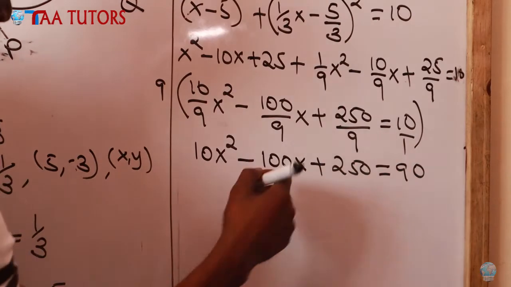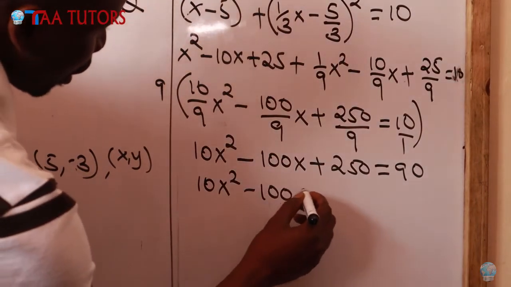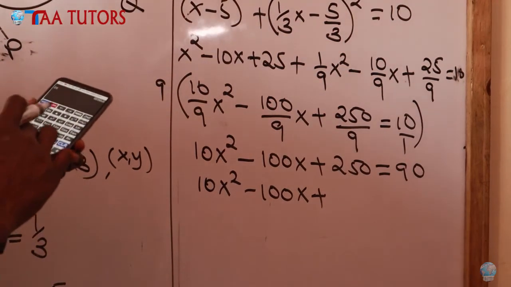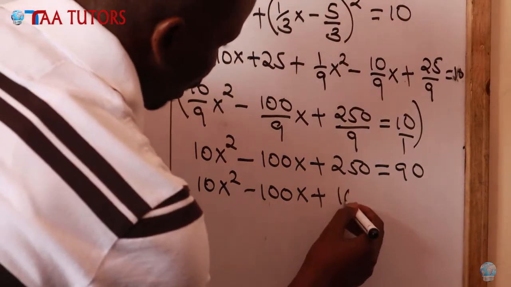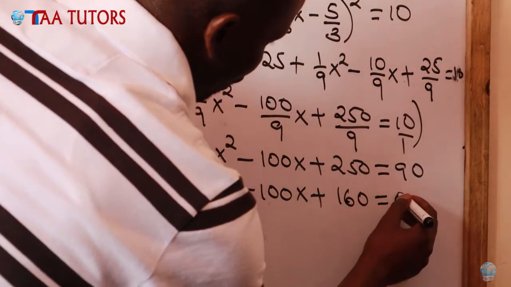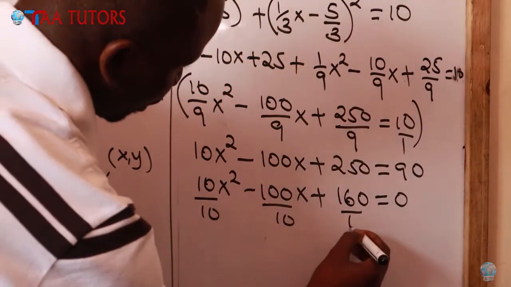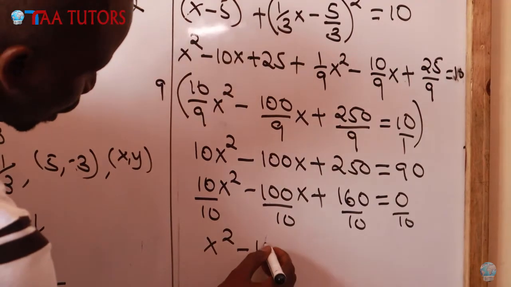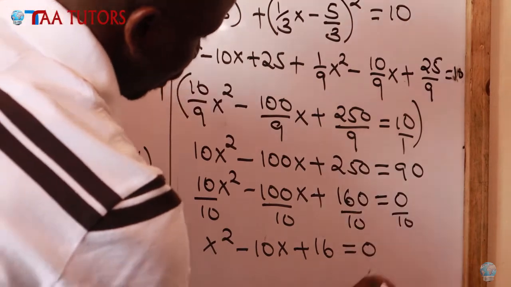If we bring 90 here, we'll get 10x^2 - 100x + 250 - 90, we get 160, equals 0. Let us divide everything by 10. We get x^2 - 10x + 16 = 0.